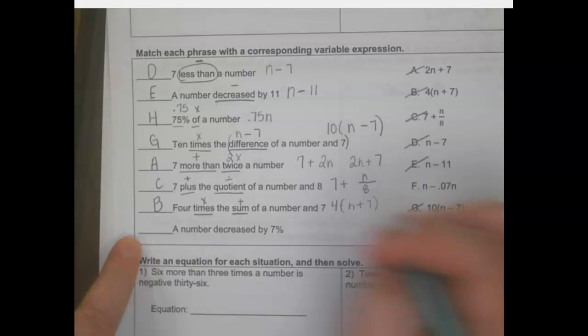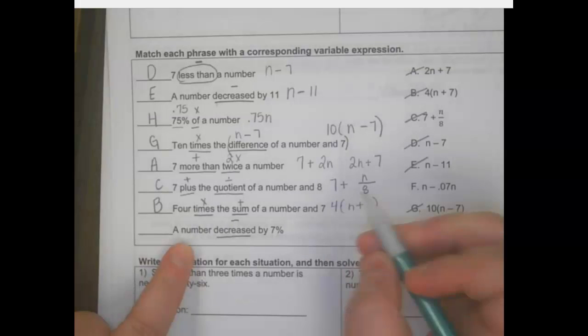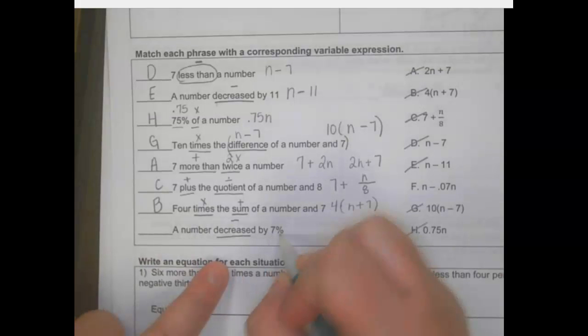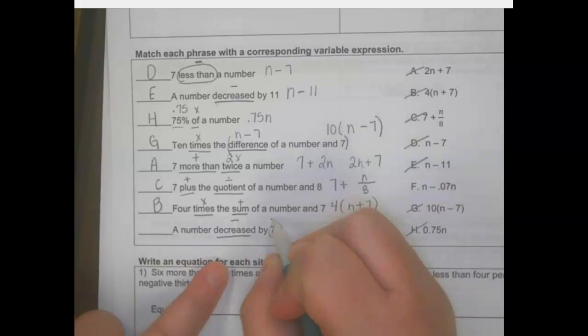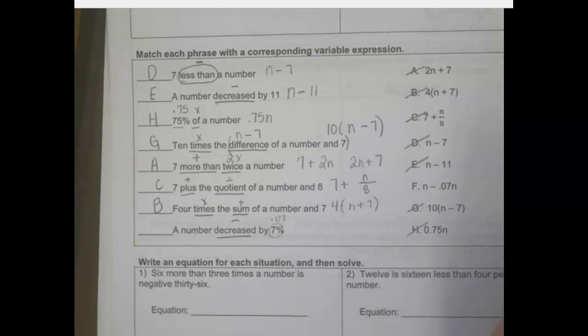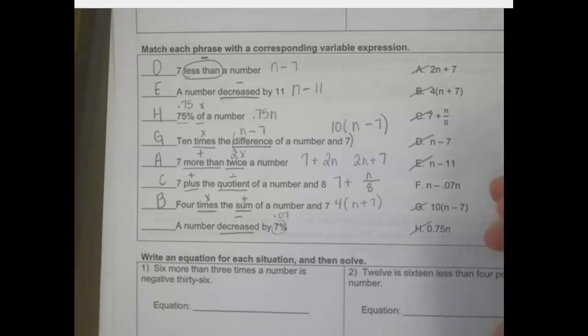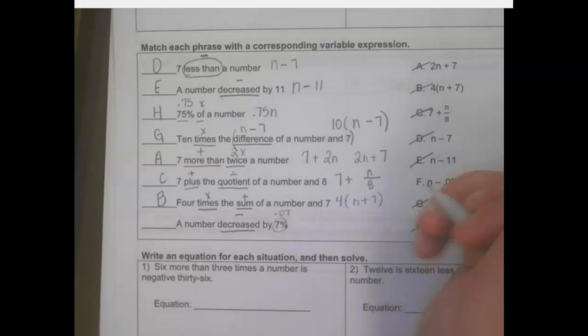And then the last one, a number decreased. Decreased is a subtraction. And we can't work with percents as a percent, so we need to change it to either a decimal or a fraction. I'm going to change it to a decimal. Most of the time we do change our percents to decimals. Very rarely can I think of times where we would actually change it to a fraction. We normally use it as a decimal.